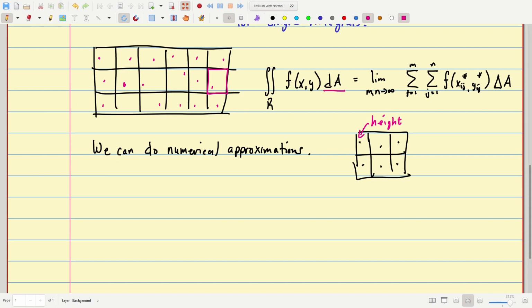This would be f of x11 star, y11 star, because this is 1, 2, and this is 1, 2, 3. And then the row index is before the column index. I'll write this up here so it's a little bit more clear. So the i's are on the rows, the j's are on the columns.